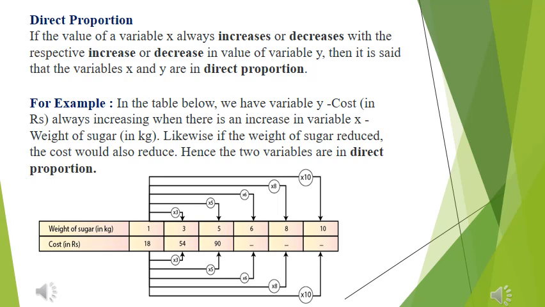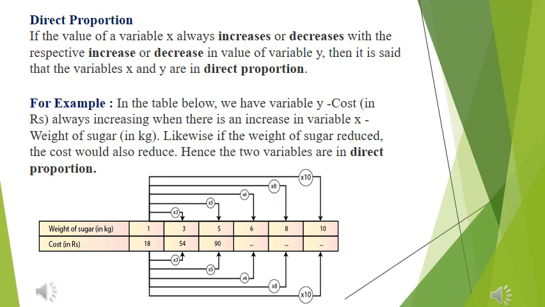In this example there are two variables, x and y. y is the variable used for the cost of sugar, and x shows the weight of sugar in kilograms. When we buy 1 kg of sugar, the cost is 18 rupees. But when we increase the quantity of sugar, our amount also increases.